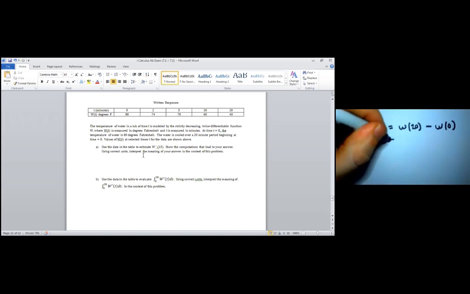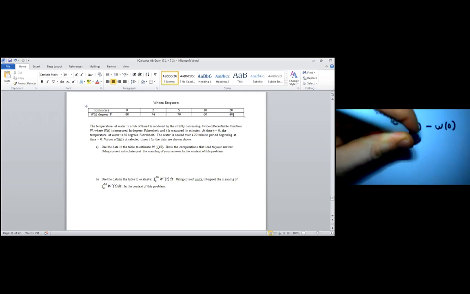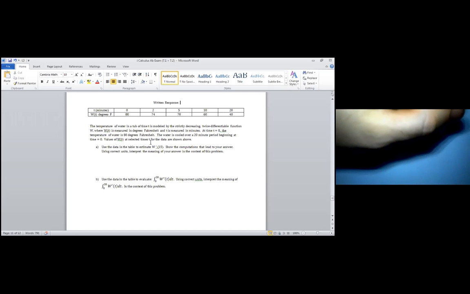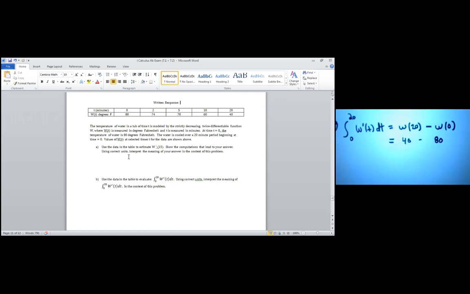We can look that up. It's right here. W of 20 is 40. W of 0 is 80. That gets you your answer of negative 40.